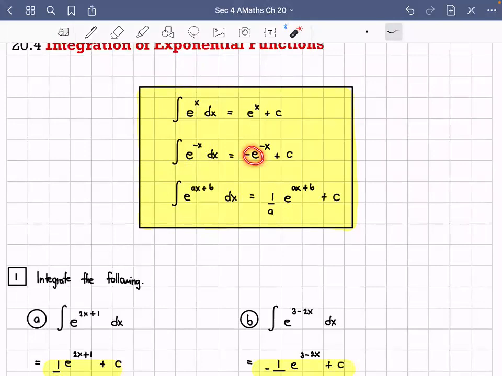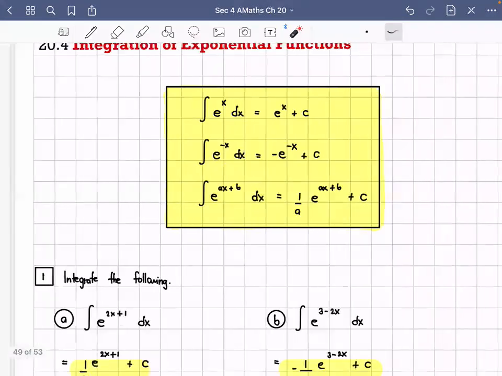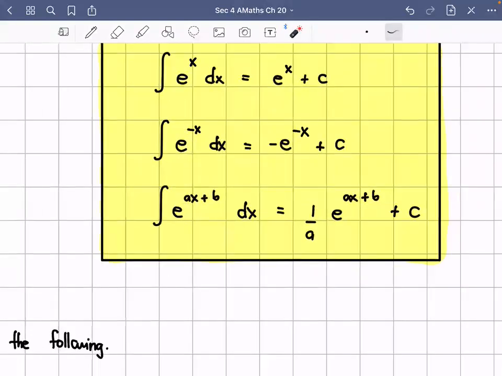And then same with this, it's still negative x. It didn't change, it just affected the sign of e. It's now negative. But then, if your index is an expression like this, let's say e raised to ax plus b, getting the antiderivative of this, you'll get a fraction here, just like a while ago. So a here becomes 1 over a. And then write the whole term again like this.